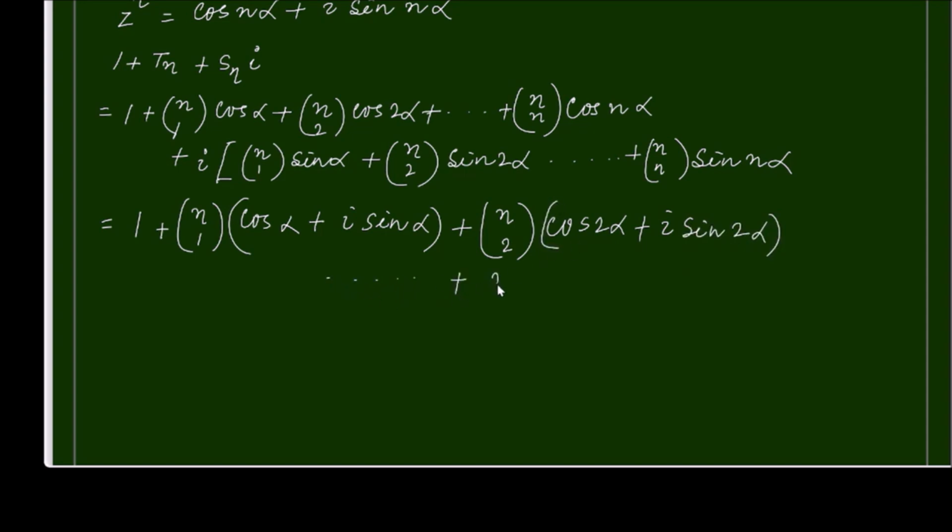Last term is nCn (cos n alpha plus i sin n alpha). This is the whole series, that is 1 plus Tn plus Sn i.